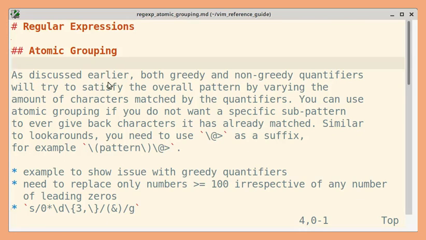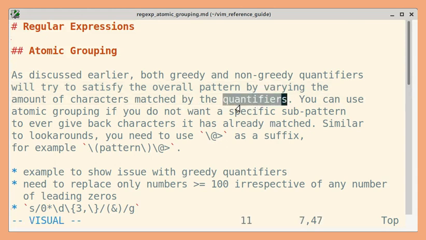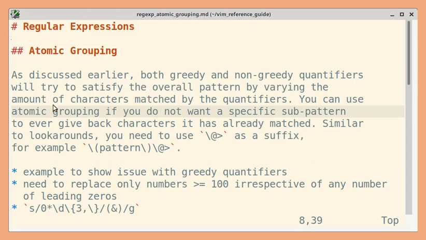As we have seen earlier, both greedy and non-greedy quantifiers will try to satisfy the overall pattern by varying the amount of characters that are matched by these quantifiers. If that is not desirable, you can use atomic grouping.